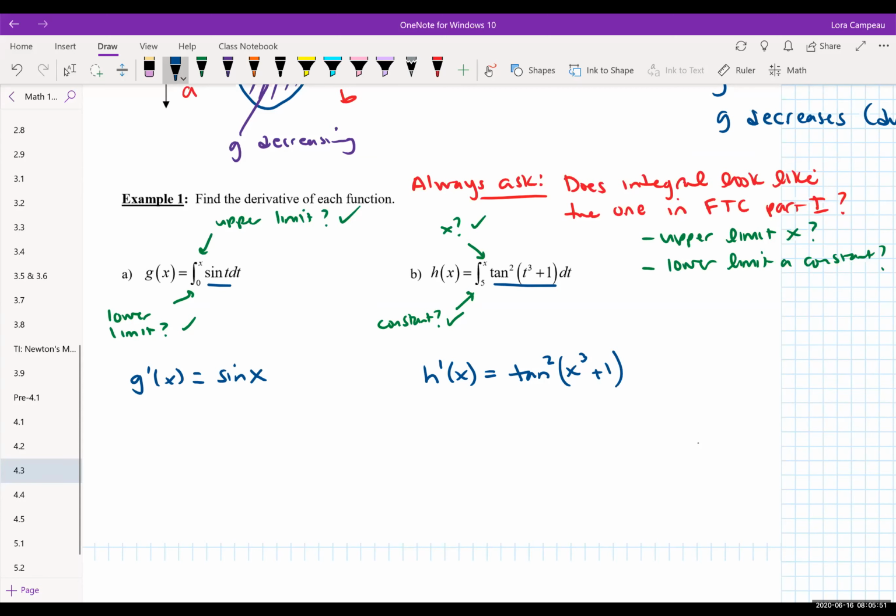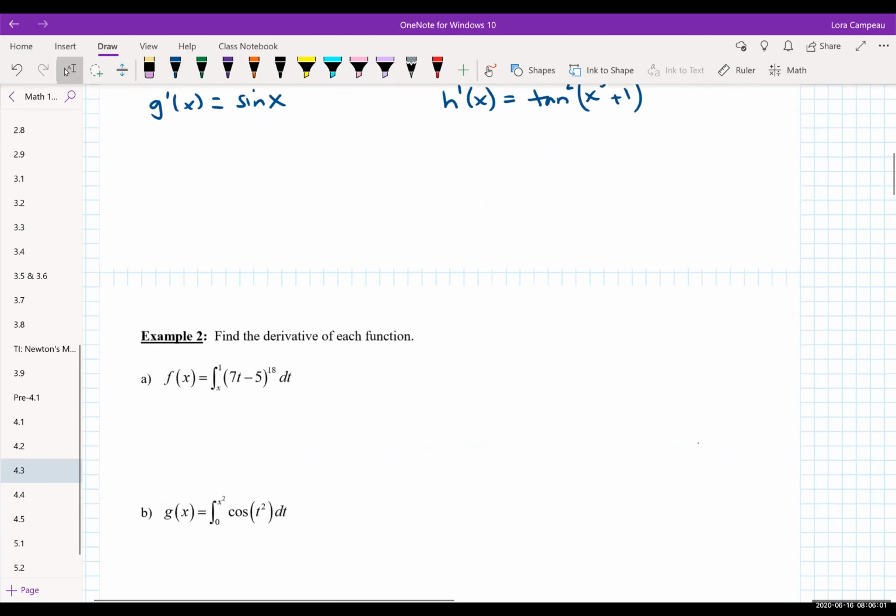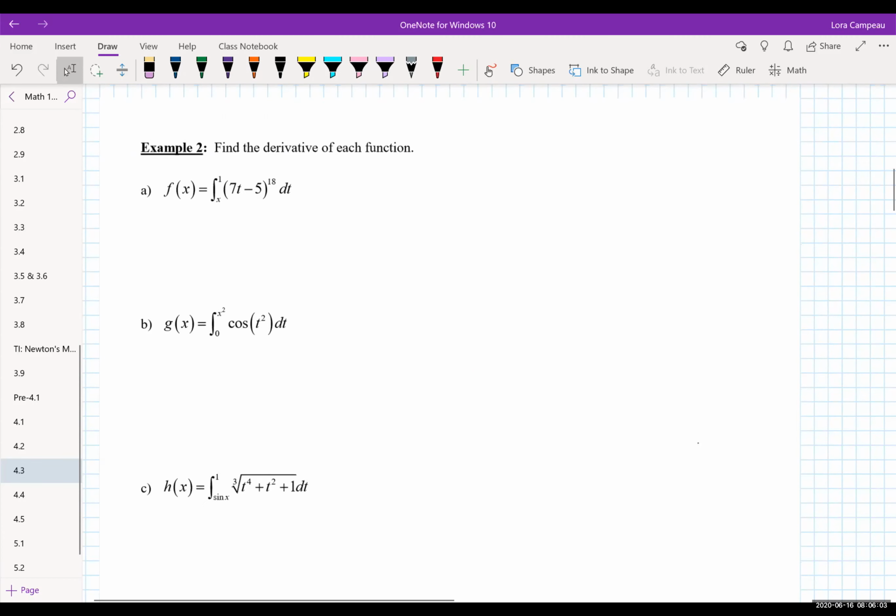I want to look at a couple more just to make sure, so that you see that it doesn't always end up being that pretty. Part A, part B are quite nice. But let's look at part A in example 2. Here I notice that the upper limit is not x, and the lower limit is not a constant.